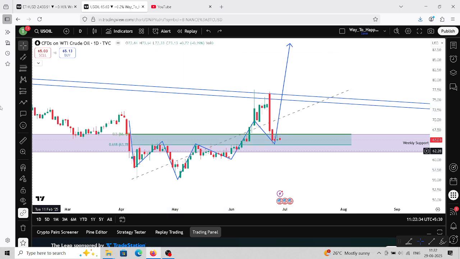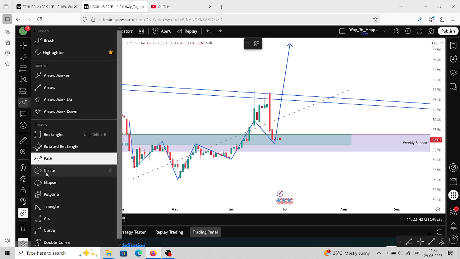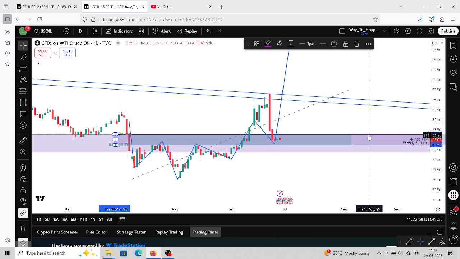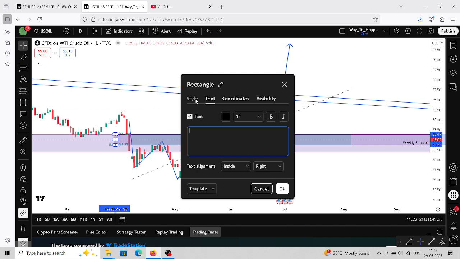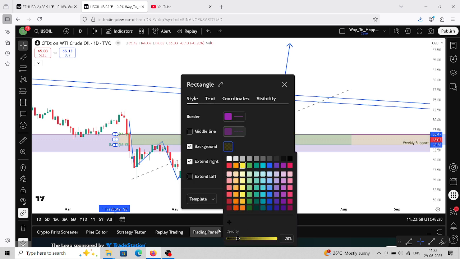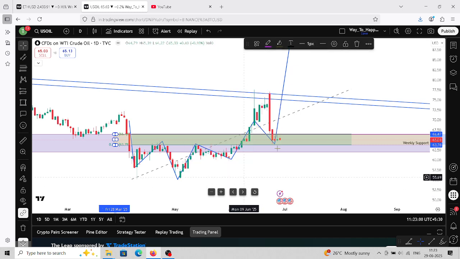So if I put a rectangle inside the rectangle, and maybe mark this with some other different color, and the color for this will become yellow, maybe. Yeah, this is my fib.